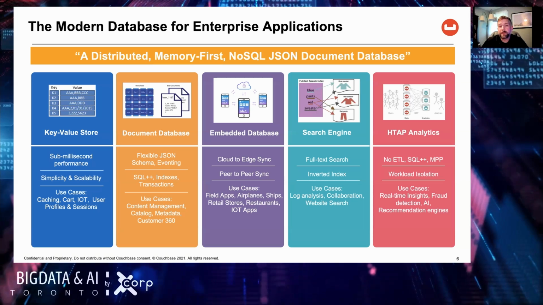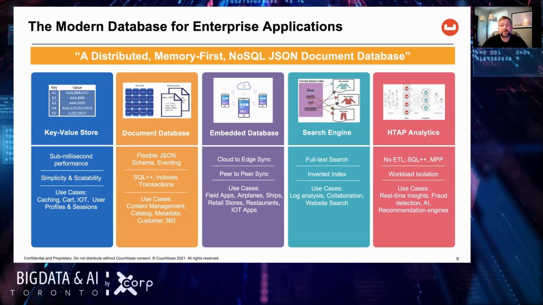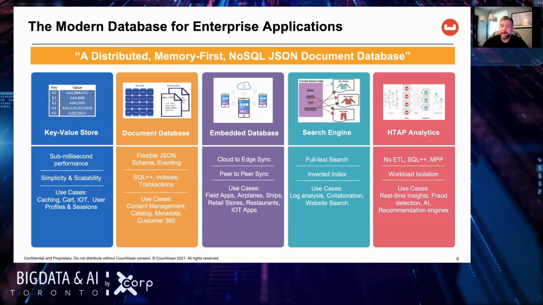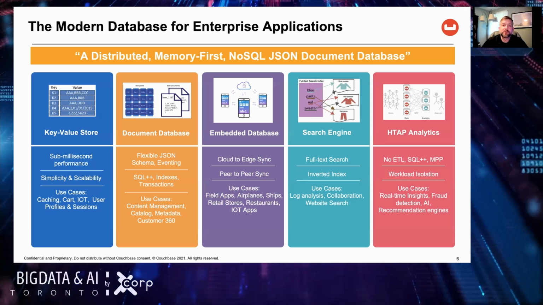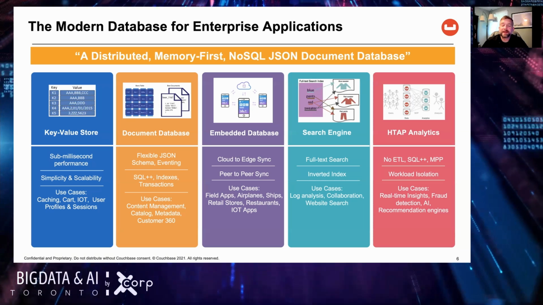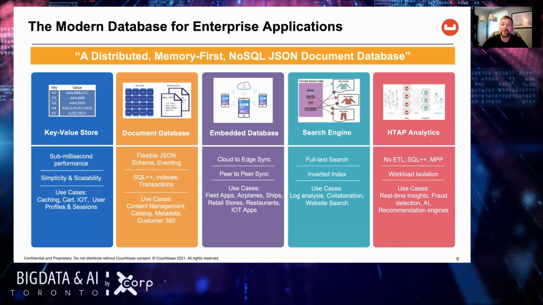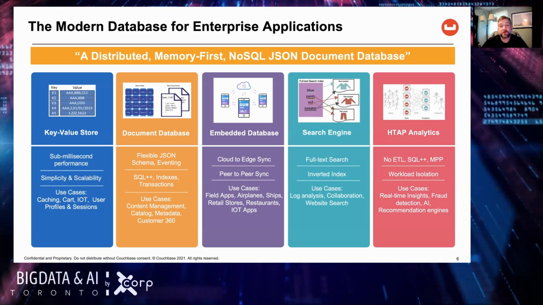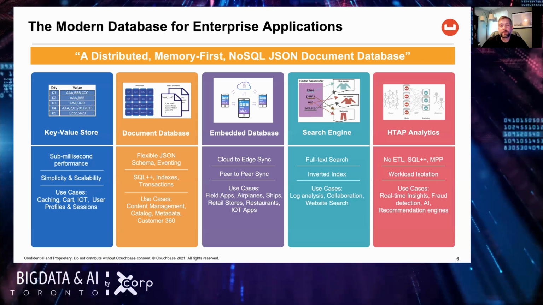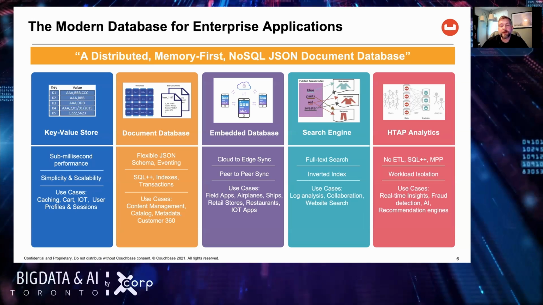We also have a search engine which provides full text search capabilities out of the box. You don't need to bolt on a third party for that. You don't need to pay for Elasticsearch. We give you that right out of the box. It's great for product catalogs. It's great for those search terms that you want to pass through and get a fast response to.